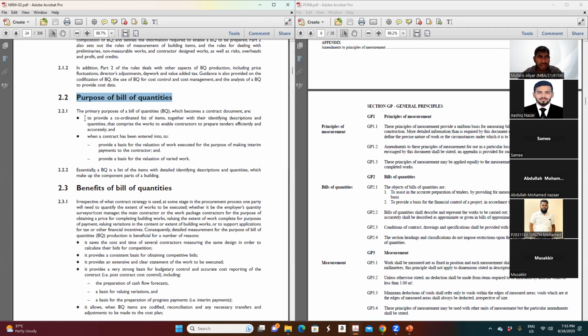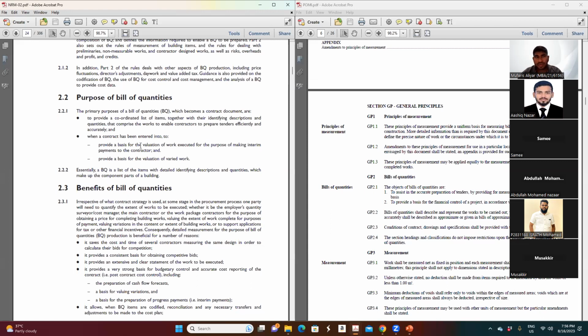It's very interesting. You have to read it. I will not read everything. The primary purpose of the bill of quantities, which forms part of the contract documents, is to provide a coordinated list of items together, identifying the description and quantities. Okay, they said here the bill of quantities is just to give you a description and quantities, putting all the items together.